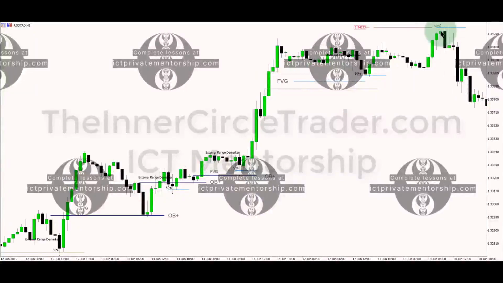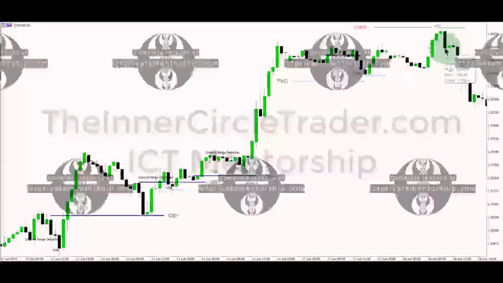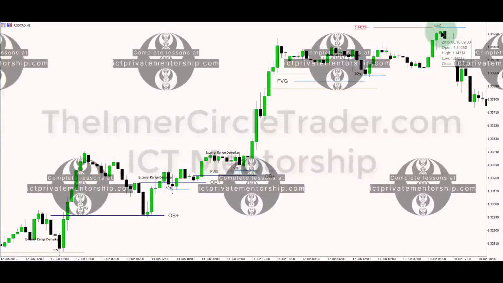Midpoint right here, the price is 34.29. The next candle's high, 34.29 and 7 pipettes. So selling above this candle's close to this candle's consequent encroachment on its wick of 29, you know exactly what price level you're trying to sell short at.